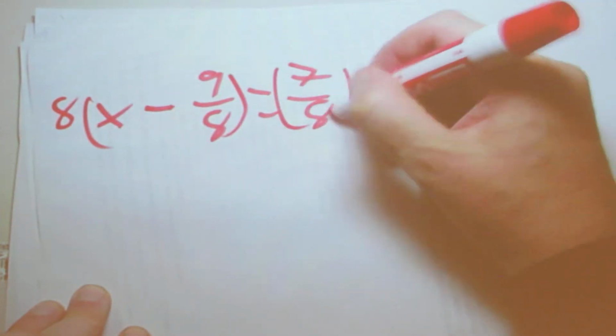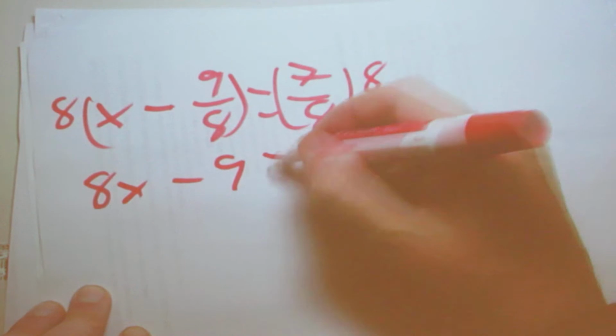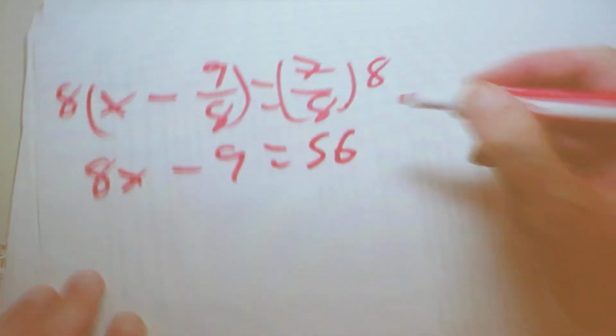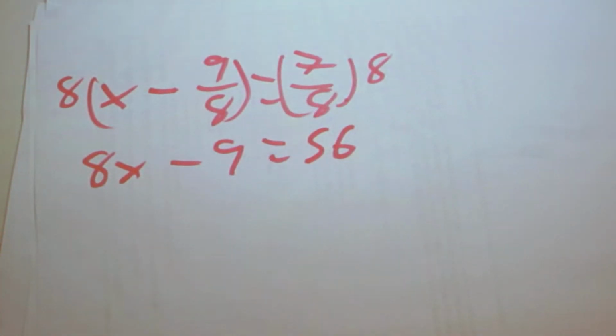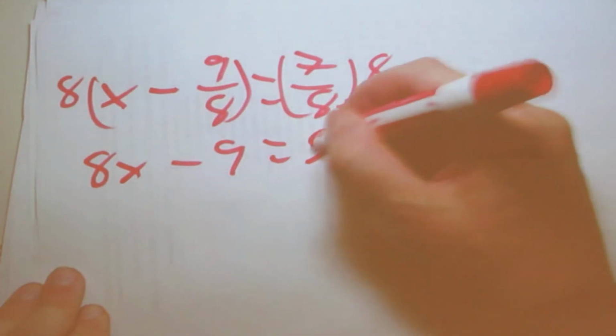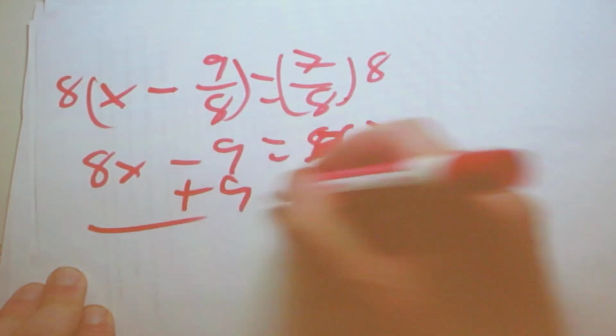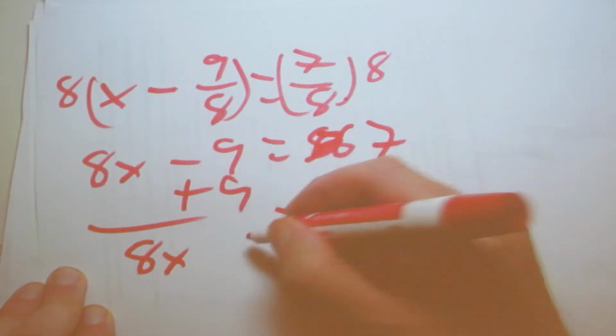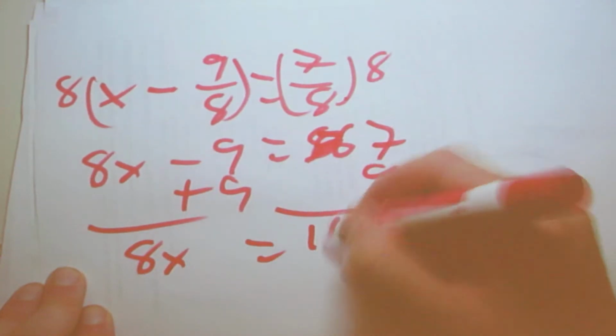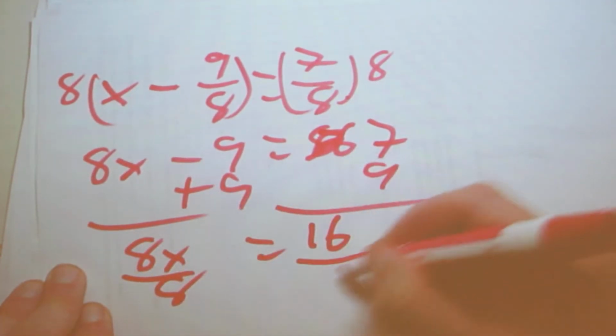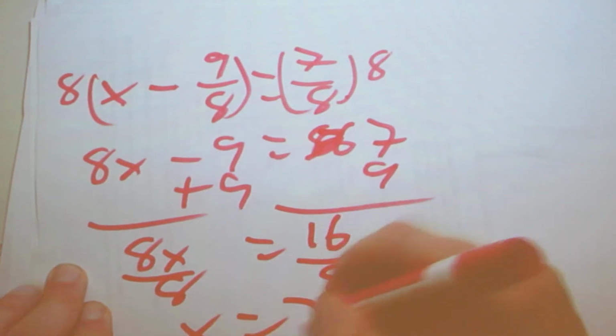Multiply everything by 8. So we're going to get 8x minus 9 equals 7. Add the 9. We get 8x equals 7 plus 9, which is 16. Divide both sides by 8. We get x equals 2.